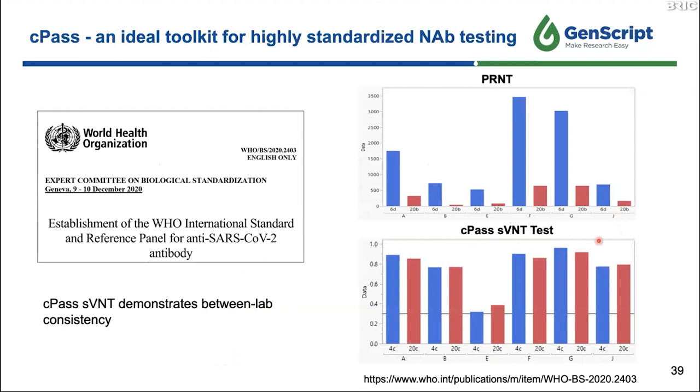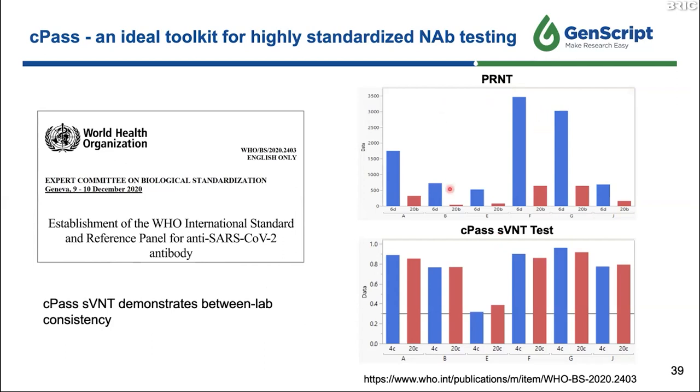Next, I would also like to share the cPass performance, which was evaluated by the WHO in their establishment of the WHO international standard. In this study, they compared the between-lab consistency for the gold standard PRNT and also the cPass SVNT test.